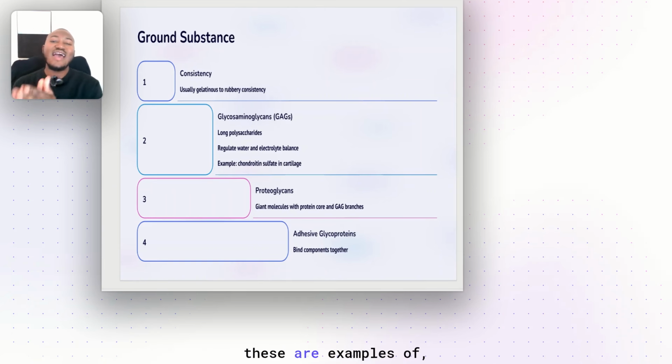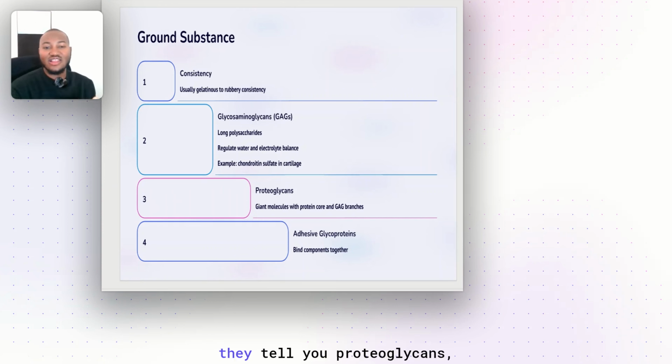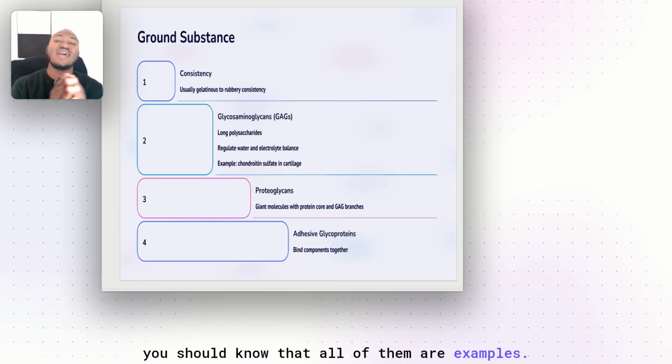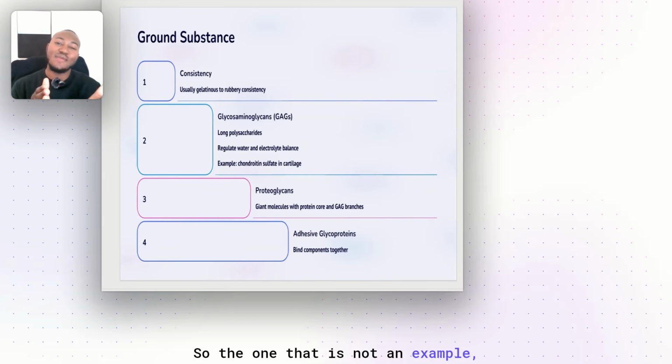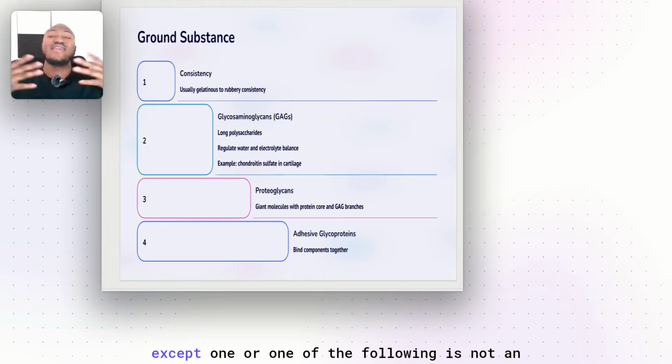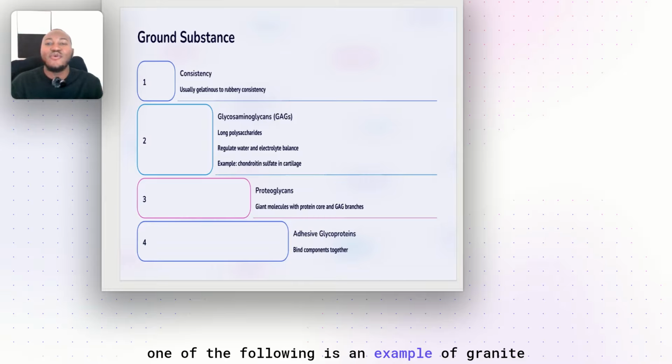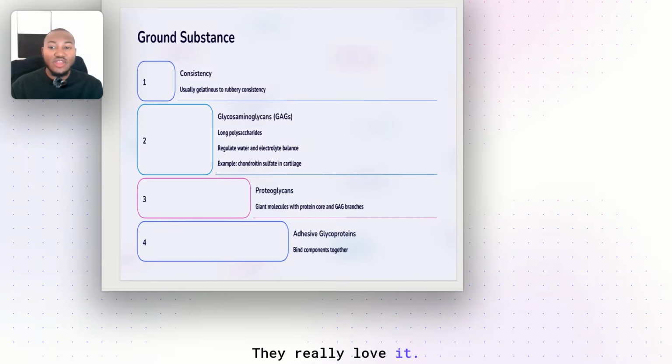So if they tell you, these are examples of ground substances, they tell you GAGs, chondroitin sulfate, proteoglycans, adhesive glycoproteins, you should know that all of them are examples. So for the one that is not an example, they will tell you all the following are examples except one. Or one of the following is not an example of ground substance. Or one of the following is an example of ground substance. They really love it. All right.